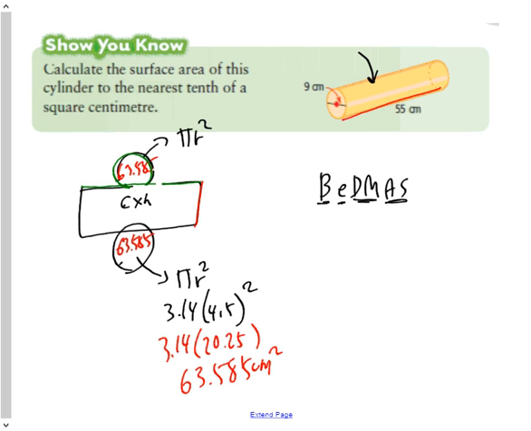Instead of saying circumference times height, and circumference is pi times diameter. Circumference is equal to pi multiplied by diameter. So instead of saying circumference times height, I could say pi times diameter times height, or pi dh. And that is the formula we use to calculate the area of the rectangle, or the third face of a cylinder. Pi being 3.14, the diameter being 9, and the height being 55.